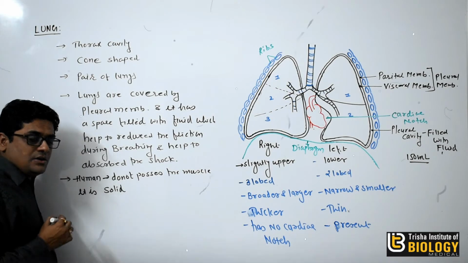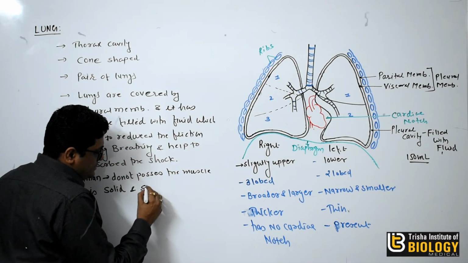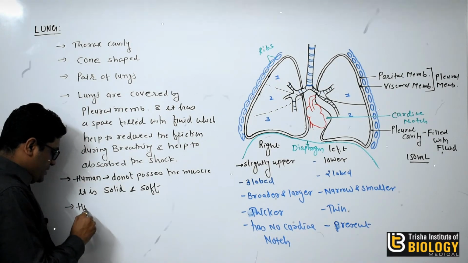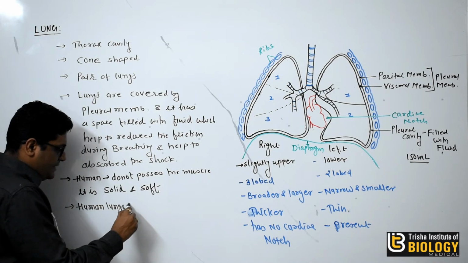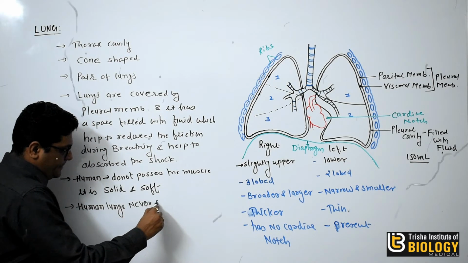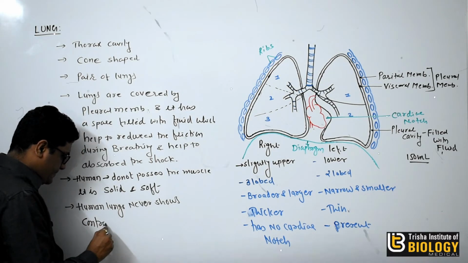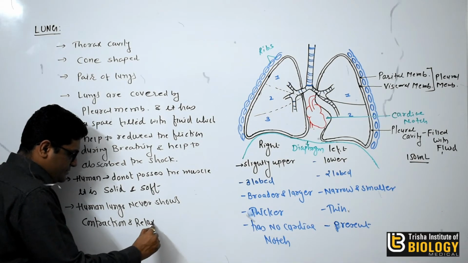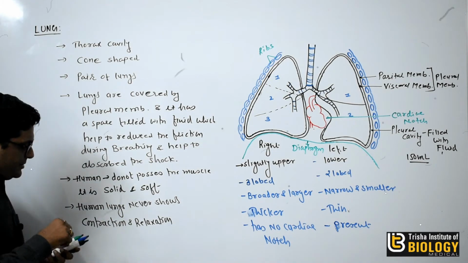Our lungs are solid and soft. That's why the human lungs never show contraction and relaxation.